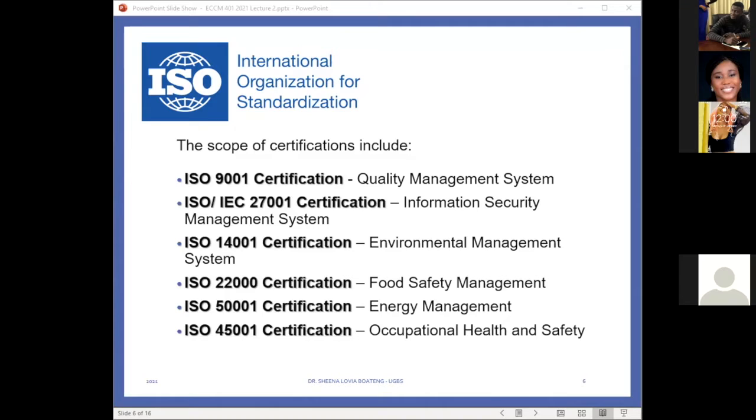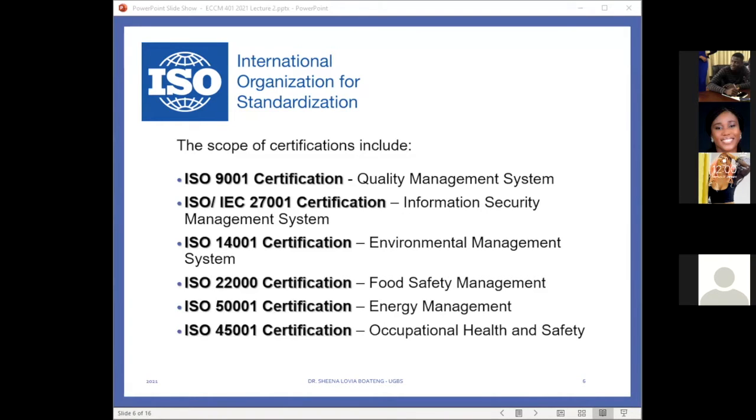Following from Patience's point on the efficient management of energy, the right voltage and all that, I was going to cite the example of the solar energy system. Good.